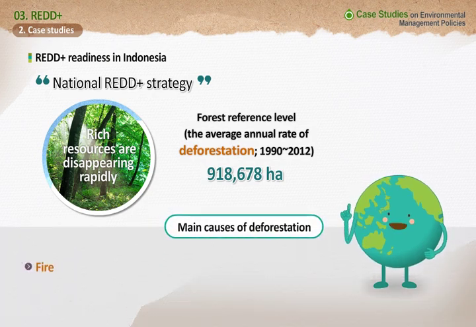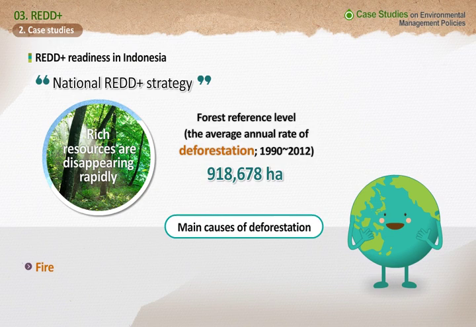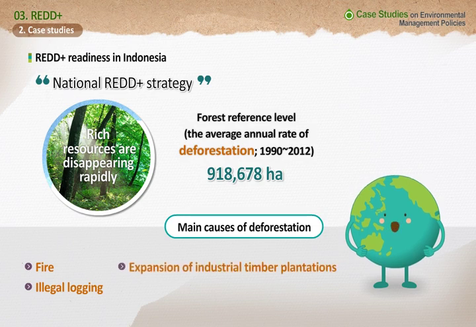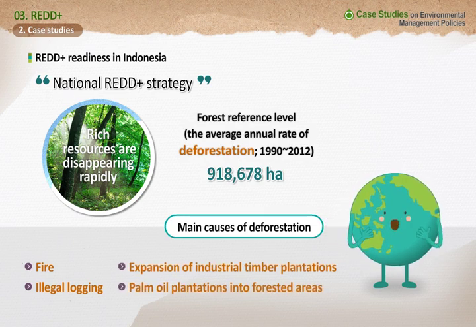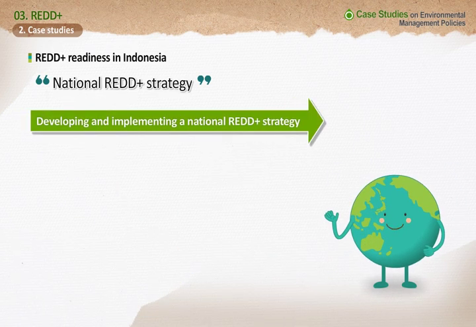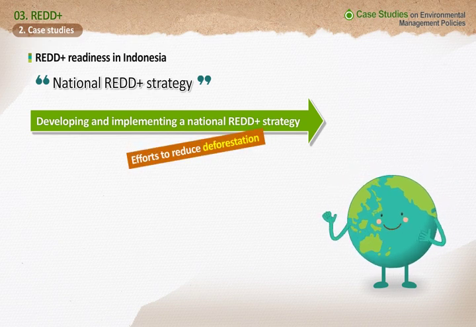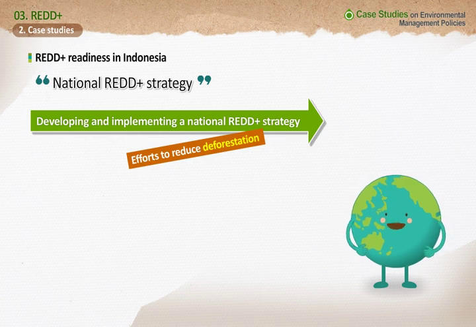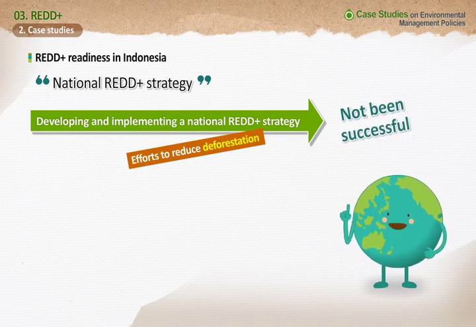The main proximate causes of deforestation identified by the government are fire, illegal logging, and expansion of industrial timber plantations and palm oil plantations into forested areas. Developing and implementing a successful national REDD+ strategy is recognized as a massive undertaking, as past efforts to reduce deforestation have been mostly unsuccessful.